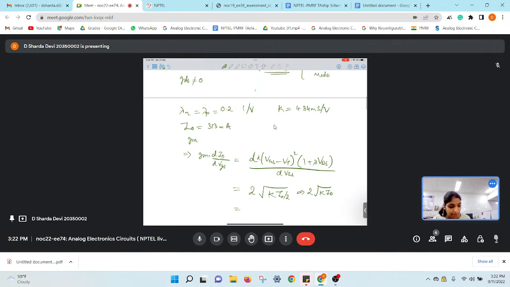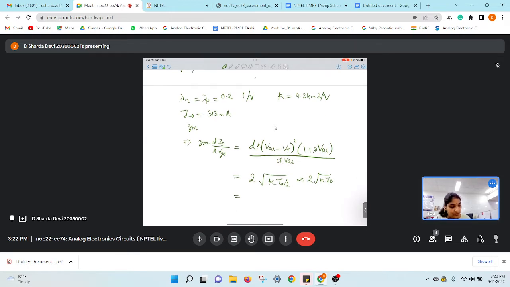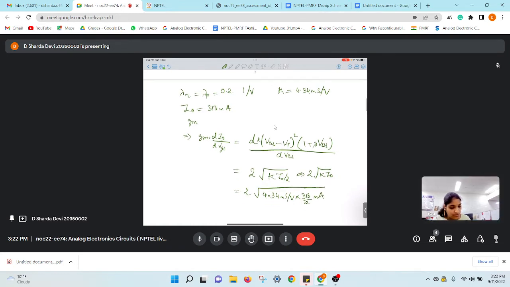Now we have to substitute the values. So 2 root of 4.34 millisiemen per volt into 313. So how much is the GM that we are getting?